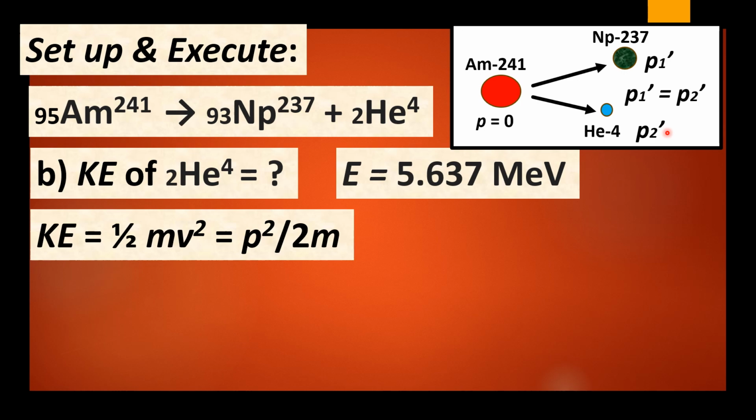So, in this equation, the kinetic energy, which is equal to 1 half mv squared, or when expressed in terms of the momentum, can also be equated as p squared, or the square of the momentum, divided by twice the mass.